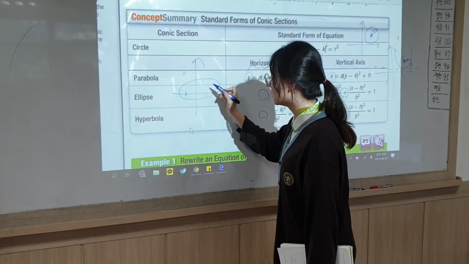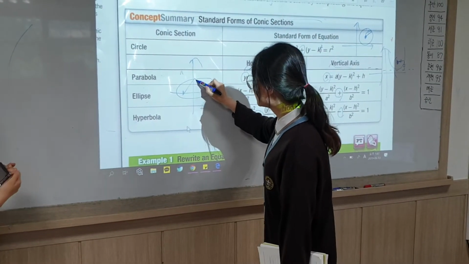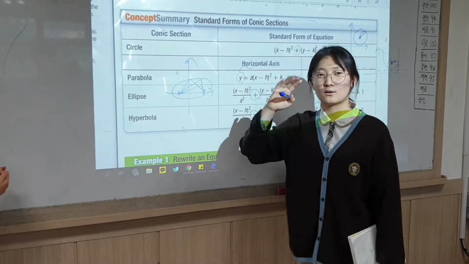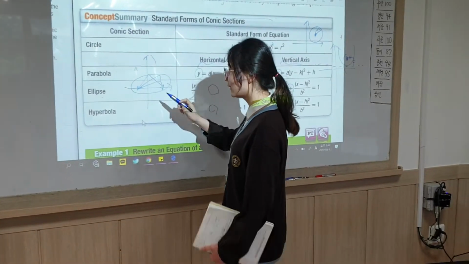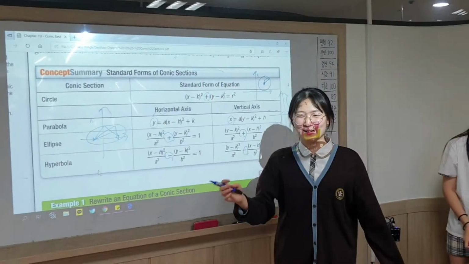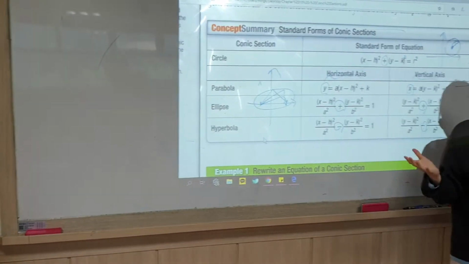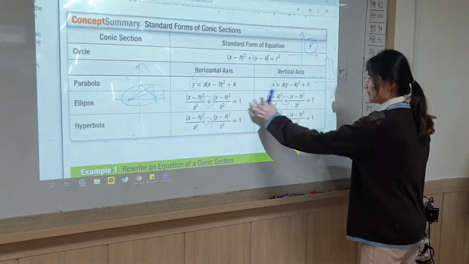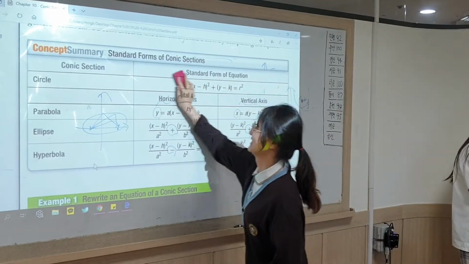There are also foci, and the sum of the two distances from the foci is going to be constant. And hyperbola, if you listen to Yejun today, you're going to know about it. It just indicates that you should not get messed up with the sign changes.